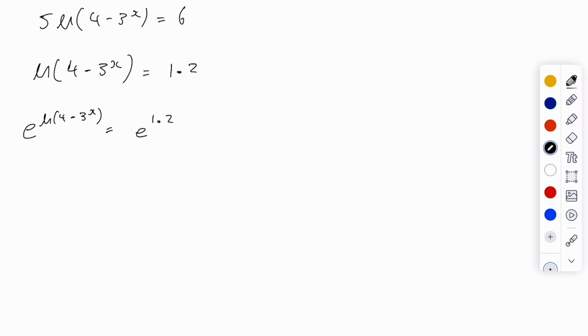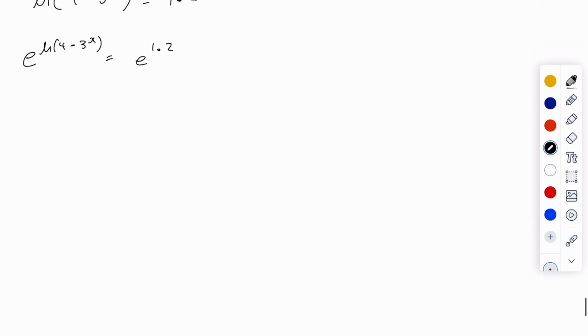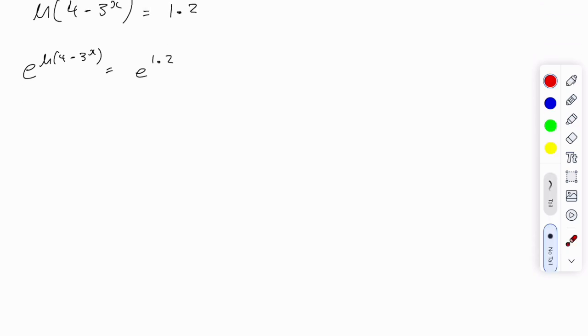That's pretty simple. And then obviously e to the power of ln x is just equal to x, right? So I can therefore say that 4 minus 3^x is equal to e^1.2.